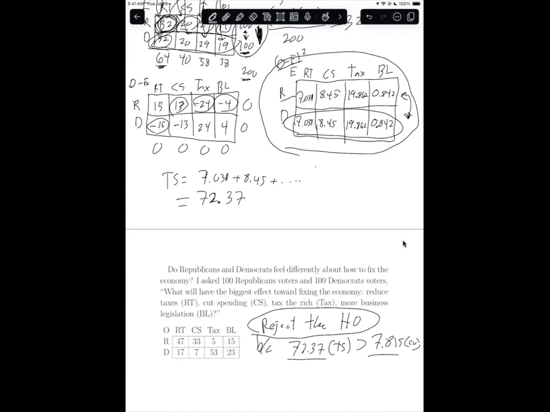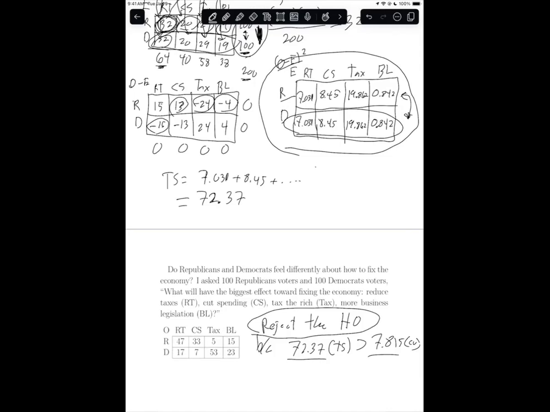And so when we reject the null hypothesis, we conclude the alternative in English, and then we need to look at the O minus E table. And so when you reject the null hypothesis, you look at the two largest O minus E values.